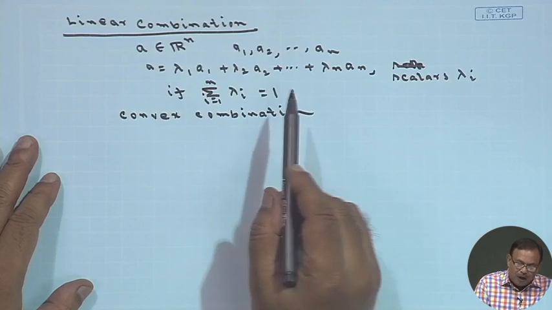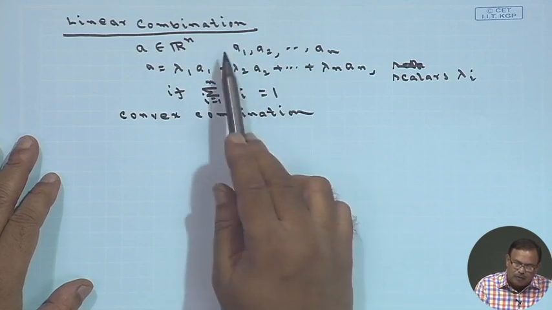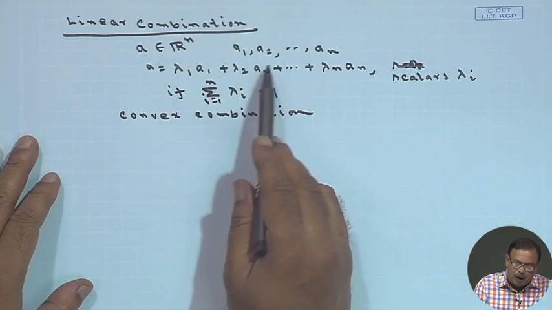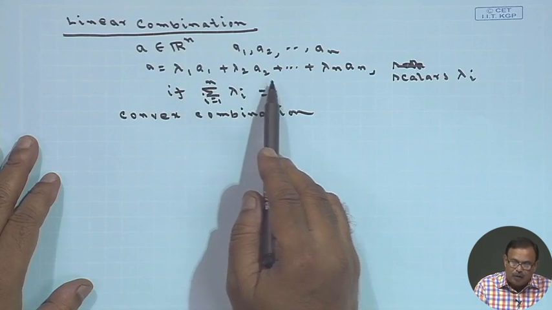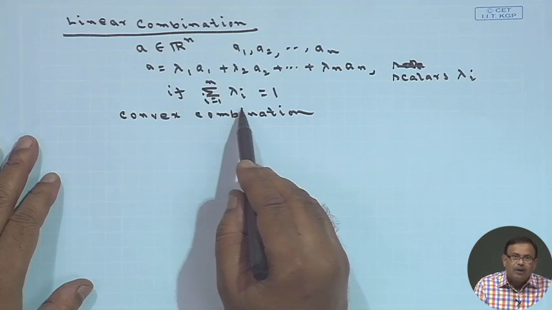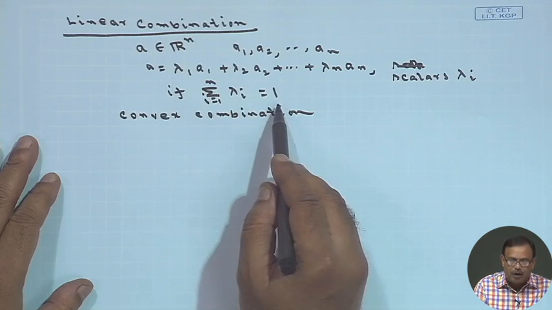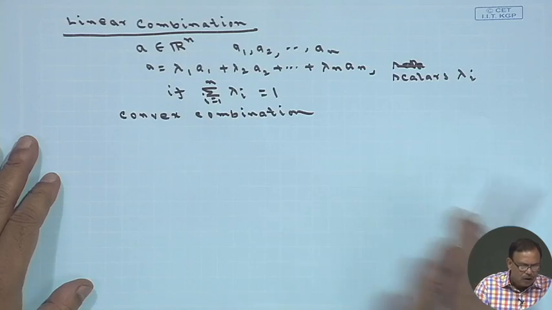So, if I can represent a vector A as lambda1 a1 plus lambda2 a2 plus ... plus lambda_n a_n, and if the summation of lambda_i from i equals 1 to n equals 1, then the combination we call a convex combination.